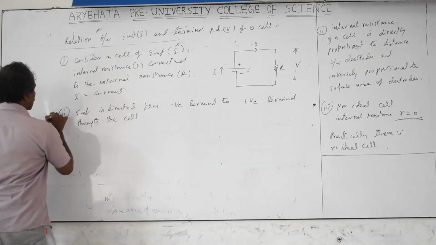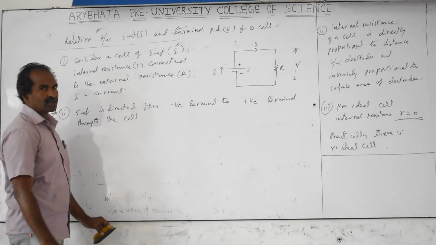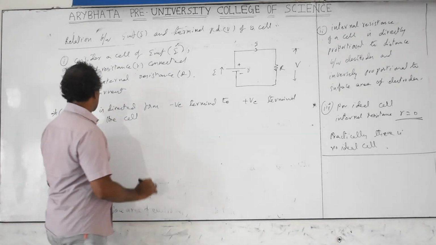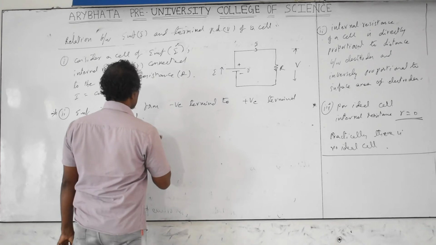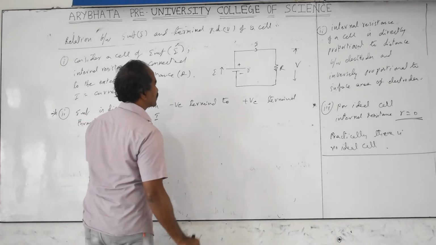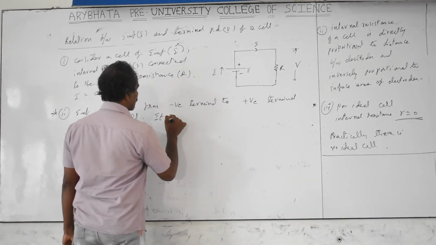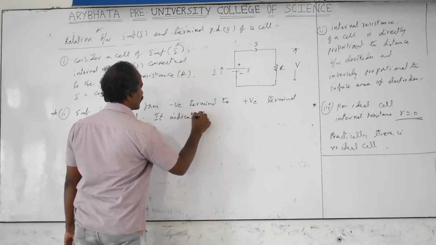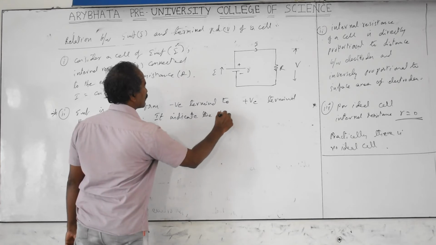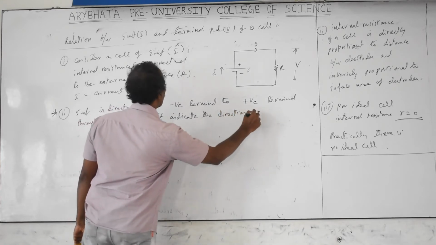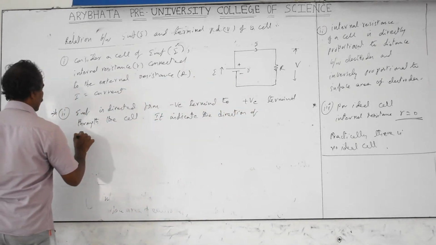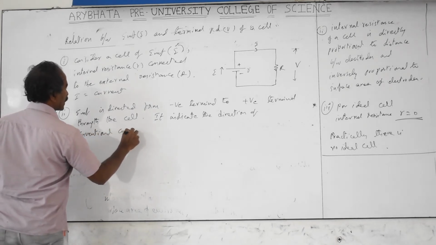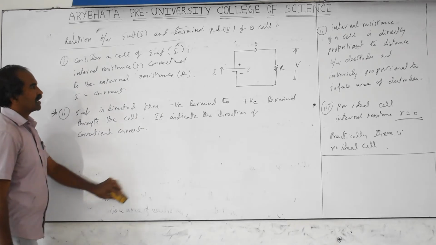They never ask you the direction of this EMF. We are going to implement it in the numericals and other cases, so we just know that. So through the cell, it indicates the direction of conventional current.